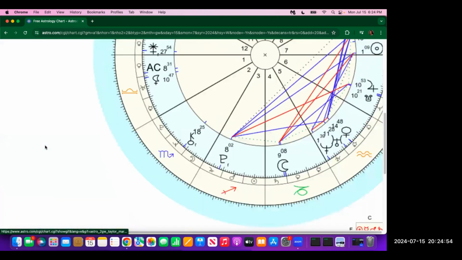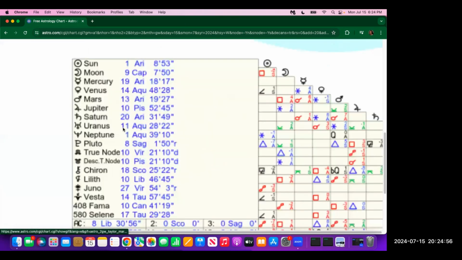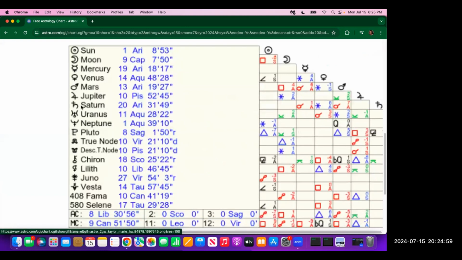Let me go back to this. Everyone, we're going to find your ruling planet and what house that planet's in. So my moon is in the 3rd house in Virgo. Keep that in mind, Michelle, because we're going to put that into our little thing at the end.